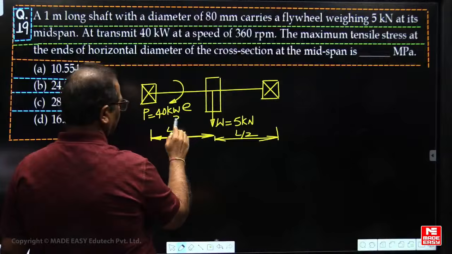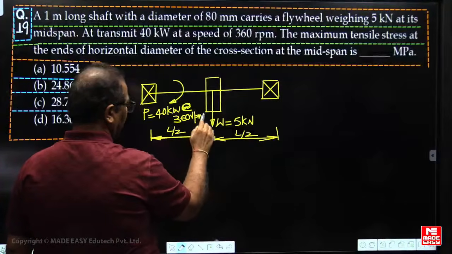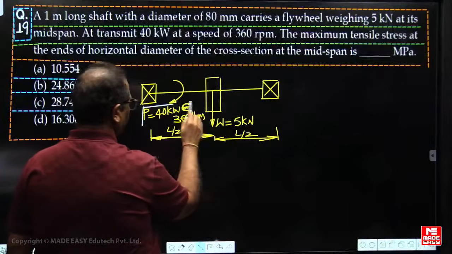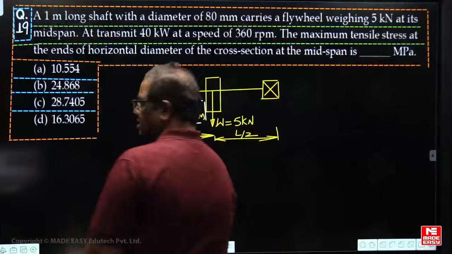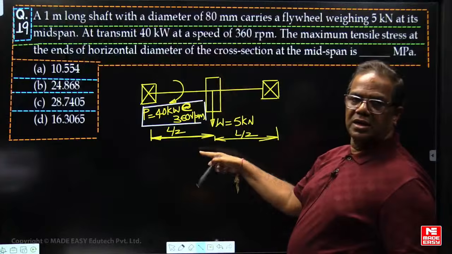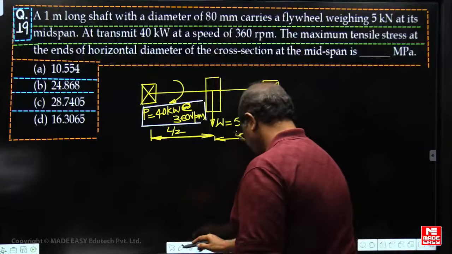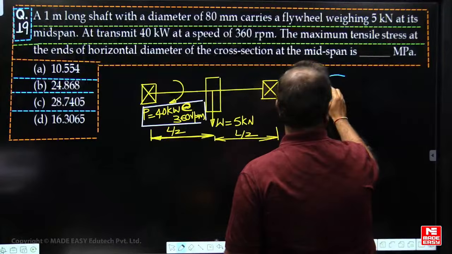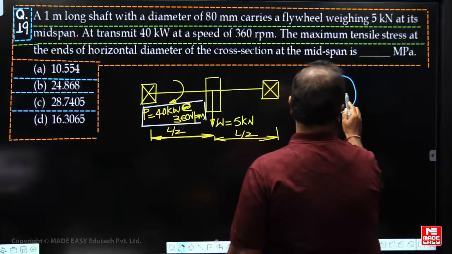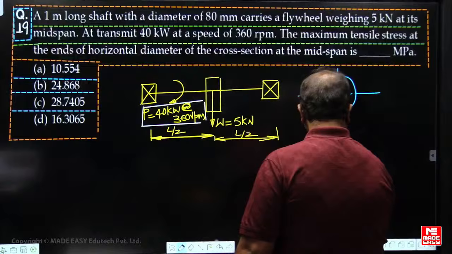At 360 rpm. Now it is asking about the cross section, and shafts are generally circular. The cross section at midspan.